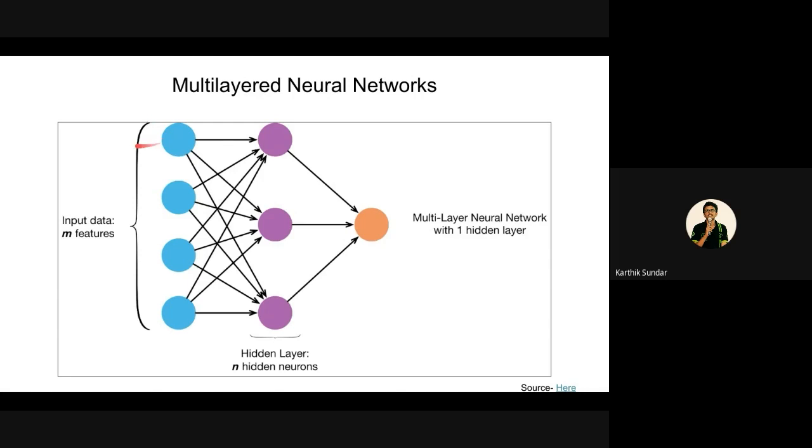You can see the inputs here, and these arrows might represent some weights, and the aggregation leads to an output. These weights are learned by gradient descent, and from a neural network perspective, this learning method is called backpropagation.